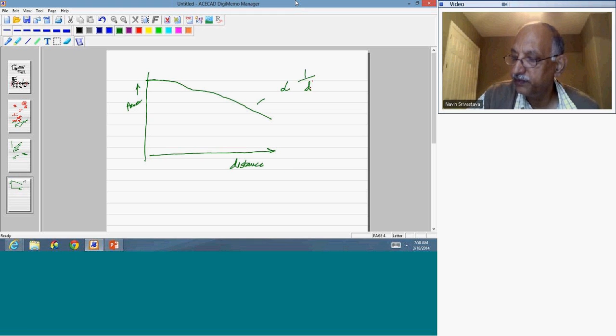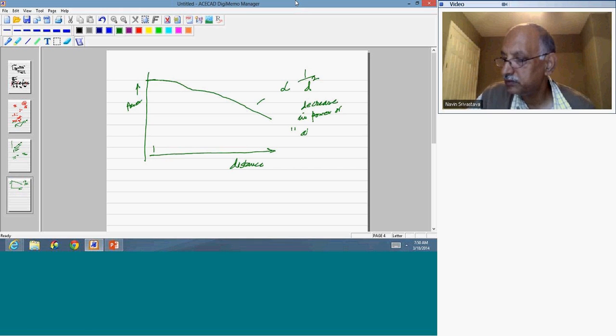So as the distance increases, my power is going to keep on decreasing. This decrease in power is also known as attenuation due to path loss.